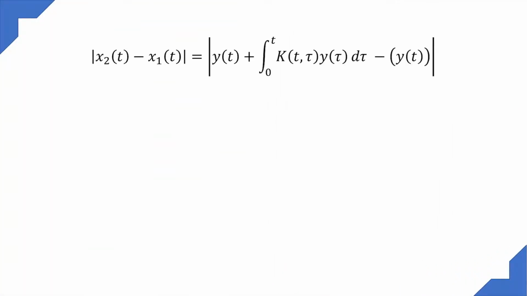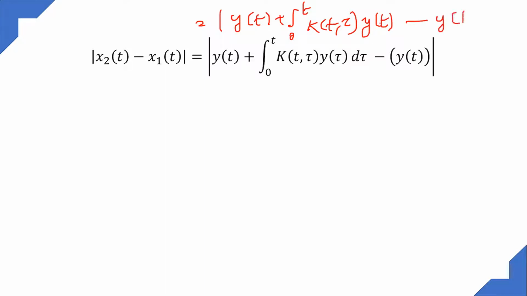Now I will check what is the absolute value of x2(t) minus x1(t). x2(t) can be written as y(t) plus the integral from 0 to t of k(t, τ) x1(τ) dτ, and x1(t) is y(t), so y(t) and y(t) will get cancelled.